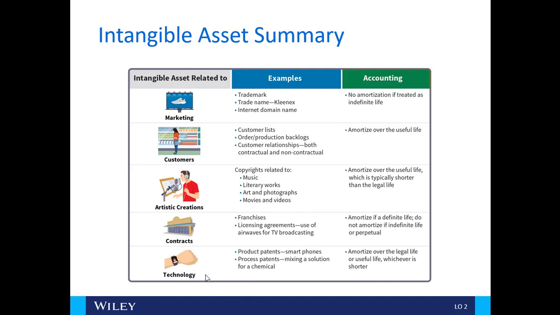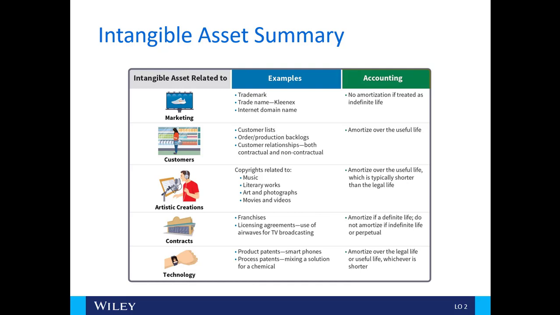And then technology such as patents, for example, would have limited lives too. Patents can't last forever, and so the patent is going to be amortized over that life.